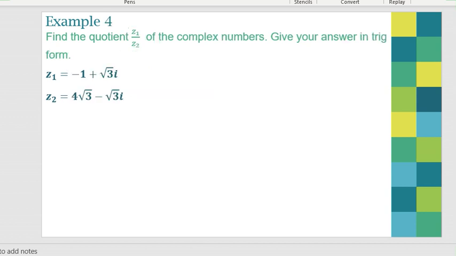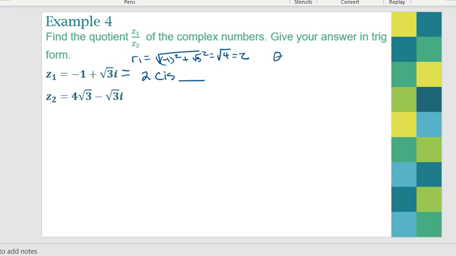All right. Z1 divided by Z2 and leave it in trig form. The problem with these, we're not in trig form. So I've got to get them to trig form. So to take these to trig form, I've got to get an R. R1 is equal to the square root of negative 1 squared plus square root 3 squared, which is a total of 4, which is 2. So I'm at 2 cis something.